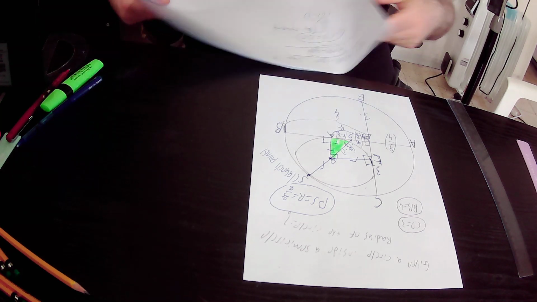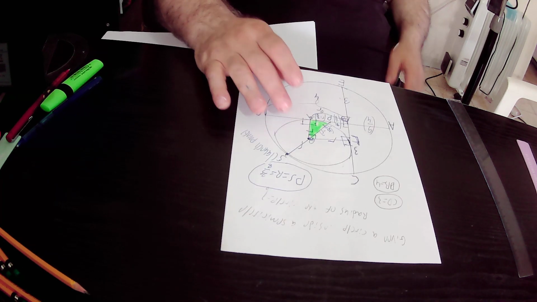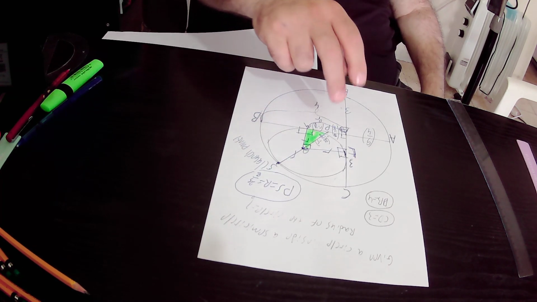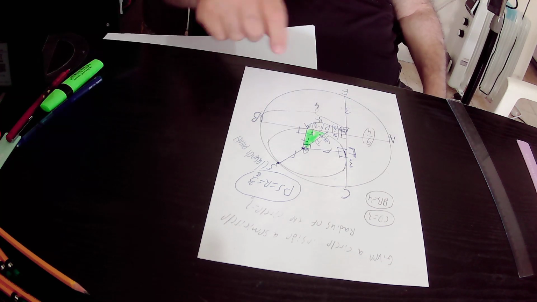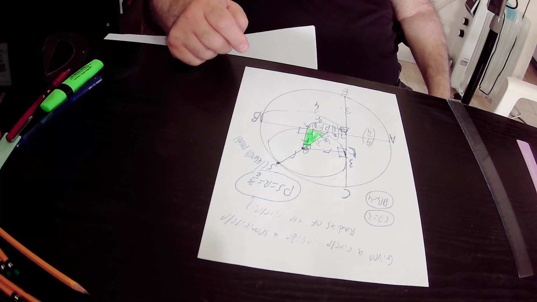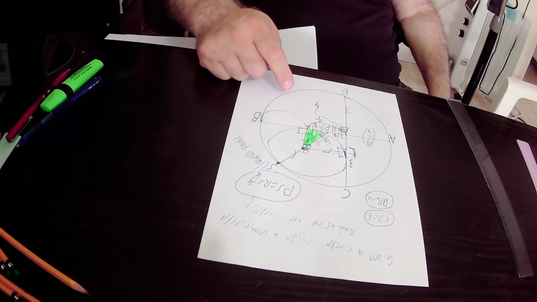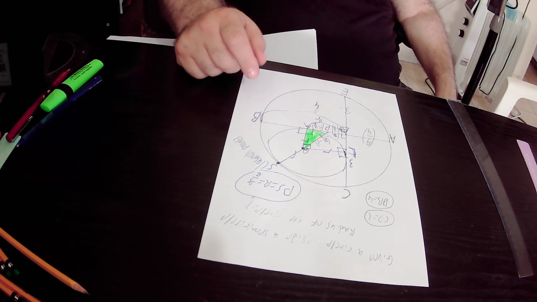I repeat again, in order to find out the radius of this small circle, we did the construction, we completed this semicircle to a circle, and actually here we created the second semicircle. This second semicircle is a mirror image of the original semicircle.